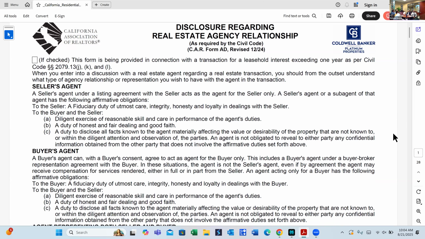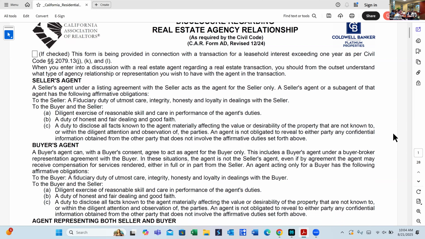It's required by law, and it's just describing the duties between us and the clients. It's also required in the event you have a lease agreement for a period in excess of 1 year. So regardless, we always require this, whether it is a purchase contract and/or a lease agreement. Nothing special about it.